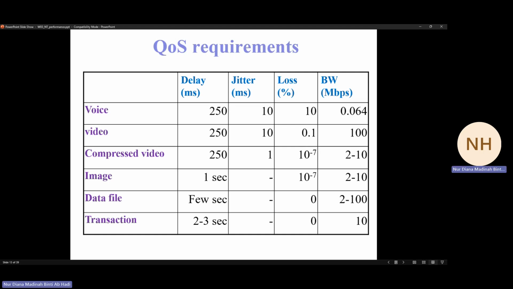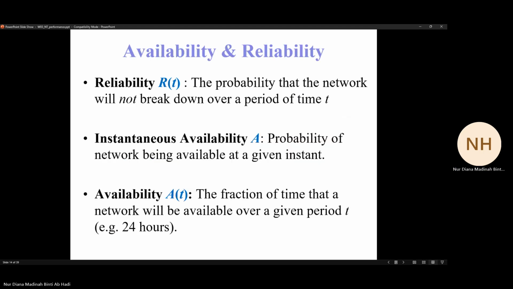As you can see, for voice, video, and compressed video, you are required to have 250 millisecond delay. But for image, you only require 1 second, data file a few seconds, while transaction requires 2 to 3 seconds. So I want you to find out the meaning of delay, jitter, loss, and bandwidth. Okay, so next.